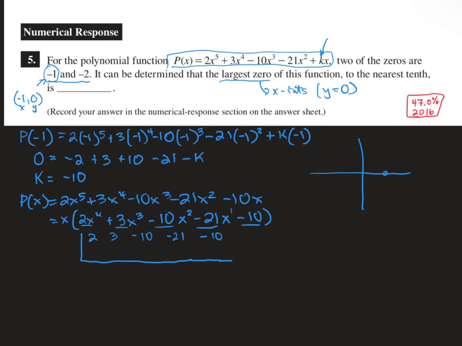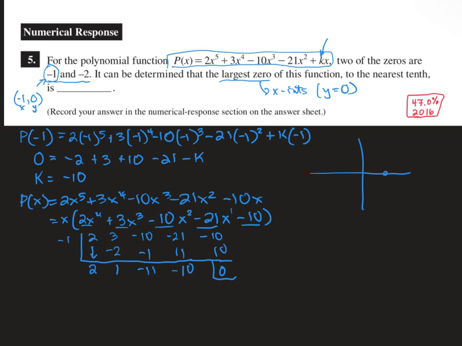Okay, outside here, we're going to start with -1 as the first thing we divide in there. I'm using the adding way of synthetic, so carry the 2 down, multiply -1 times 2, and then add, and then multiply, add, etc. And at the end, you should end up with 0, because we knew it had a remainder of 0.